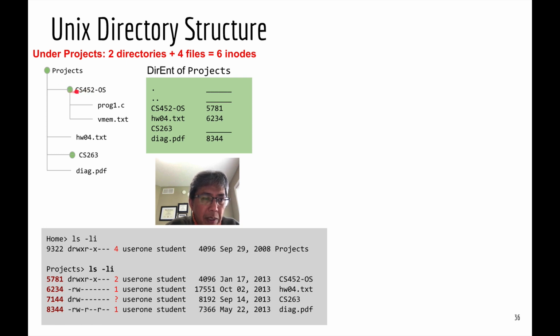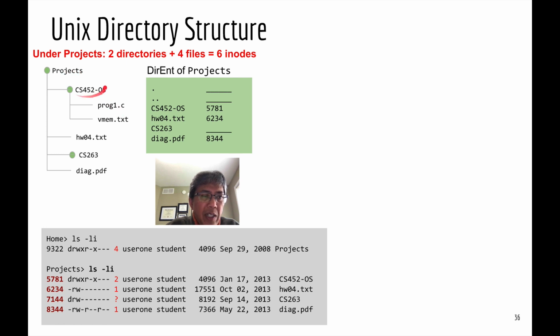The first item is CS452OS, the second item is homework 4, the third item is CS263, and then the fourth item is the PDF file. And that's why you see 4 items in the directory entries of project. Remember, at this point, the 2 files, the C file and the TXT file under the CS452OS, are not listed in the project's directory.